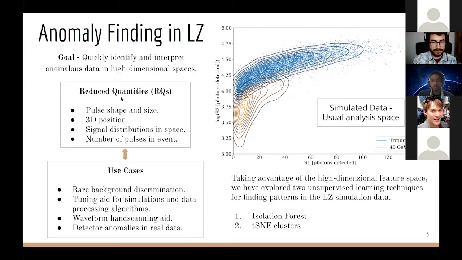So there are various RQs that are basically a summary of the shapes of the pulse, like the time it takes for the pulse to reach 10 or 50% or whatever percentage of the pulse area, that Scott also mentioned before. We can include 3D position, the signal distributions in space.